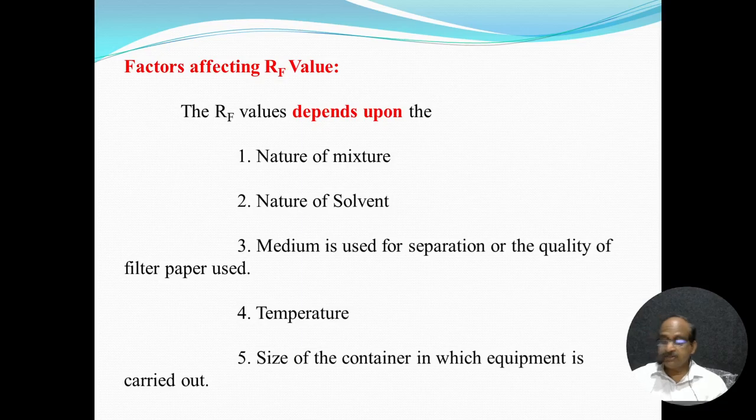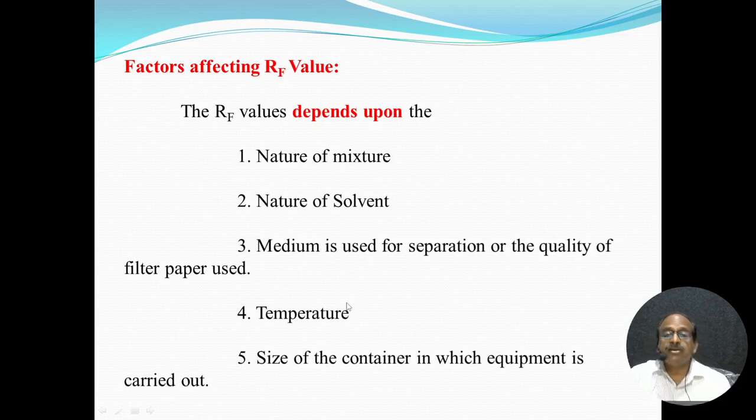Another most important thing is the temperature. We have to perform the experiments at room temperature only, below 30 degrees centigrade. Then only will you get good values. Repetitions of the experiment, or calculations of the RF value, should be at the same temperature.